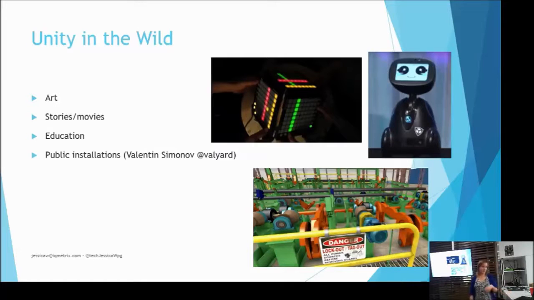Public installations. I thought this was one of the really cool ones. There's this guy from Moscow called Valentin. Sorry if I said that wrong. When I saw him at the Unity conference, he was working for this government body that put on these public installations.